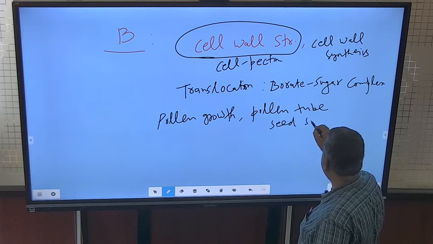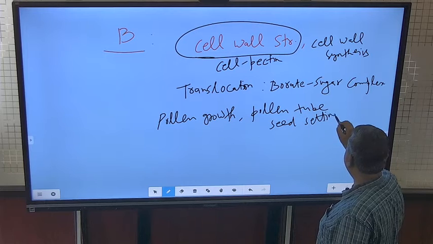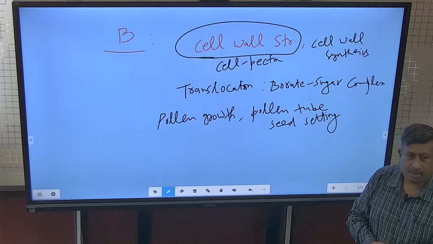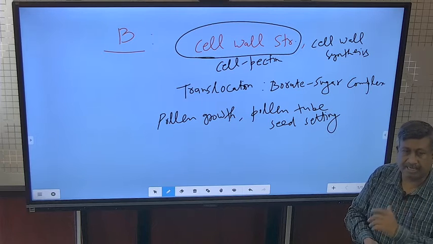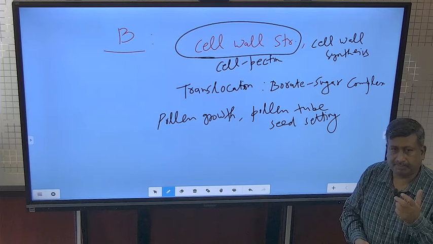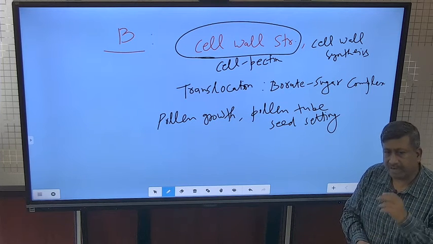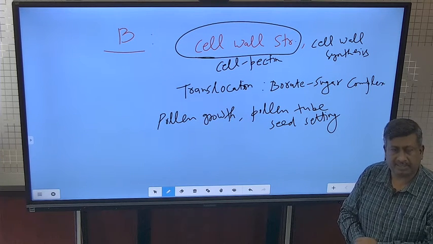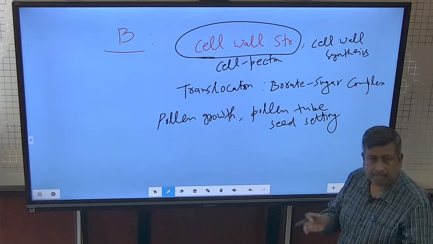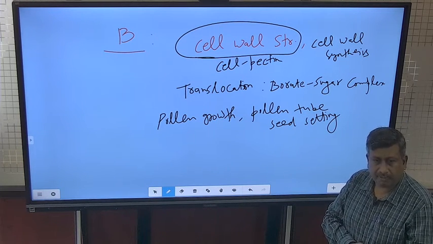So if there is deficiency of boron, then there is no seed setting, no proper fertilization. So boron is involved in fertilization. So if boron deficiency is there, definitely fertilization will be poor and seed setting will be very less. So these are the important roles of boron.